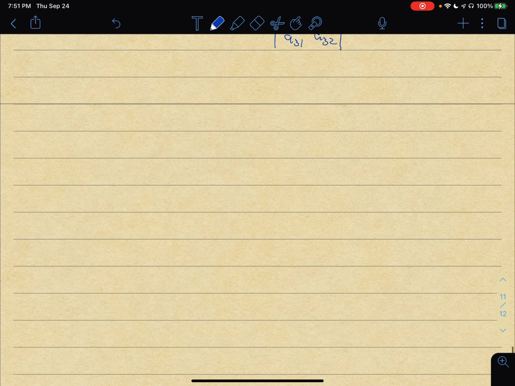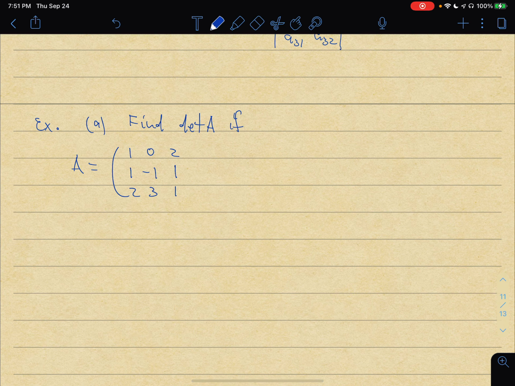So let's do an example. Example, let's say A. I want to find the determinant of A if A is a matrix like this. A is 1, 0, 2, 1, minus 1, 1, 2, 3, 1.